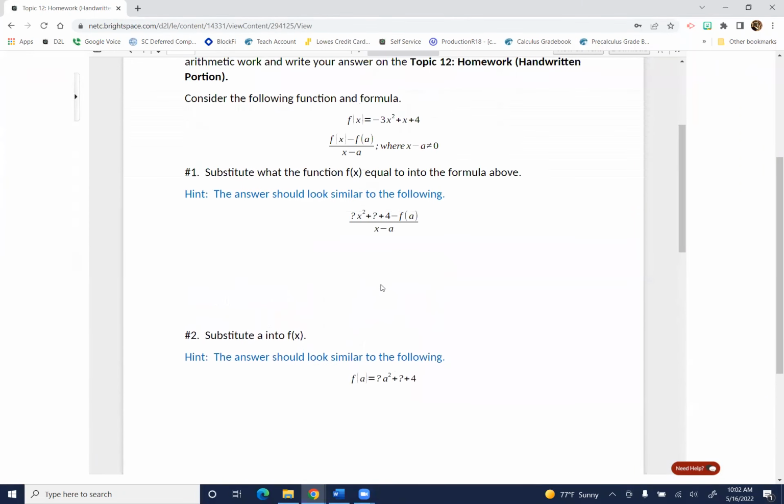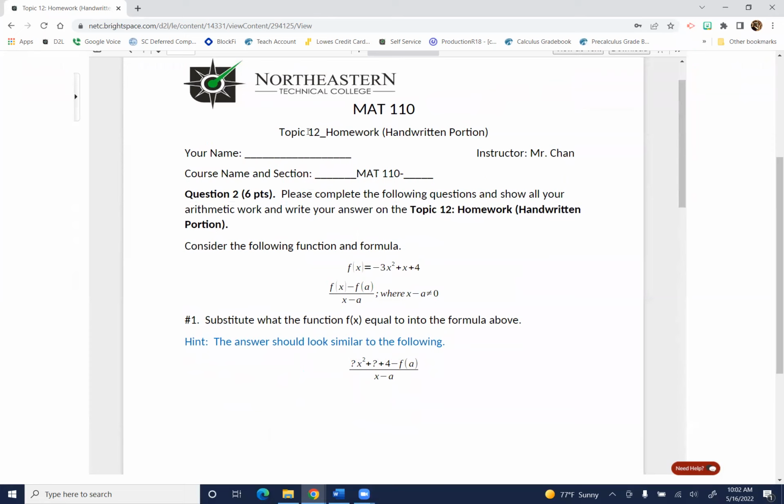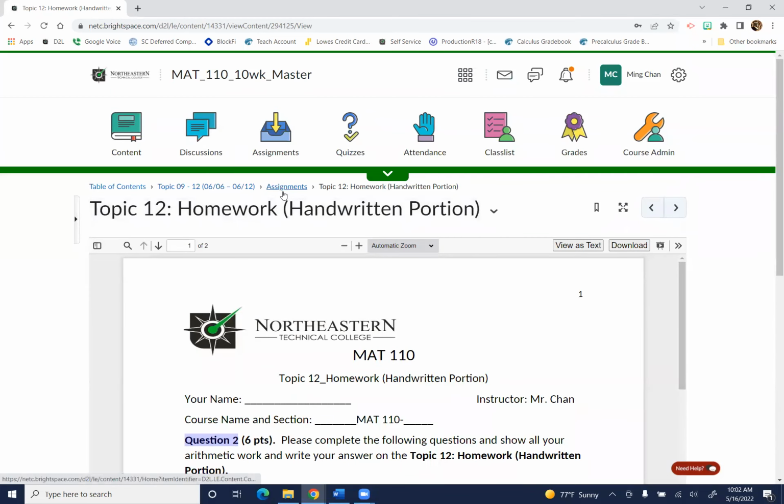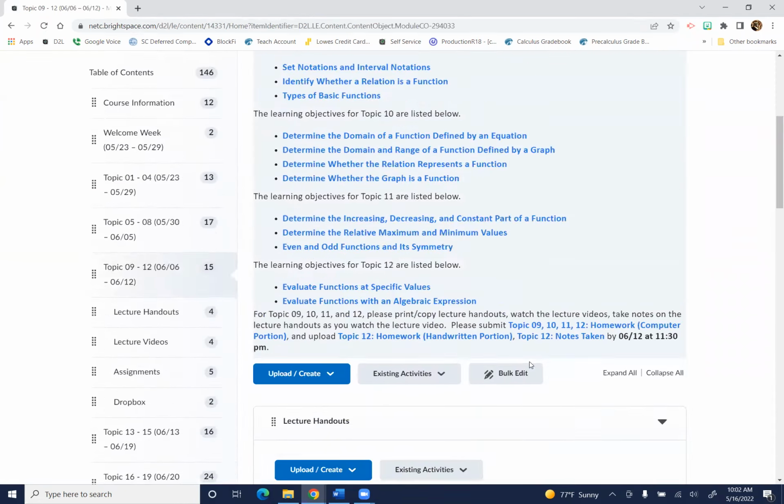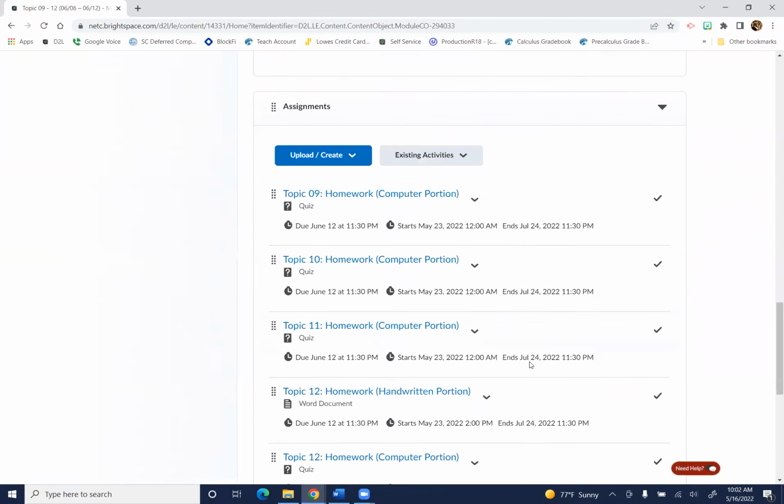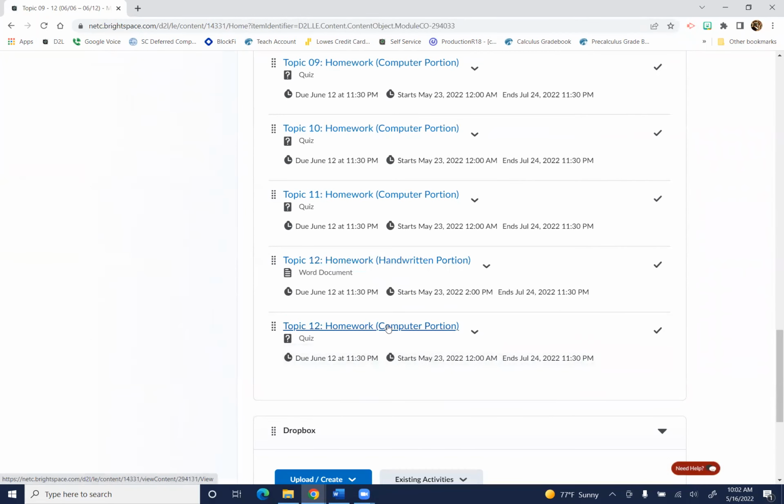As you can see right here, this particular topic 12 homework handwritten portion started with question number 2. So where is question number 1? Well, question number 1 is actually on the computer portion. If I go back to topic 9 through 12 here and just click on the link, you're going to see you have a handwritten portion and a computer portion.